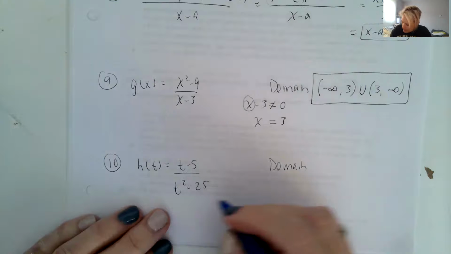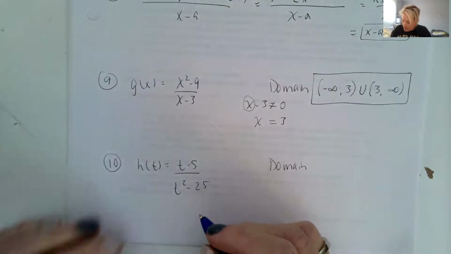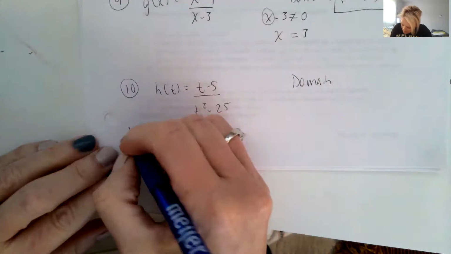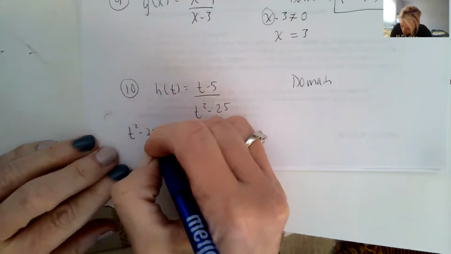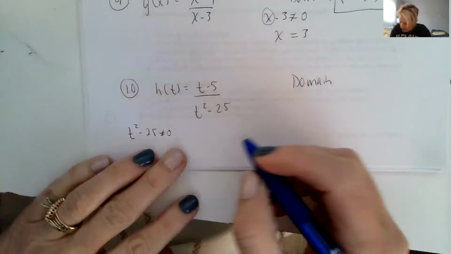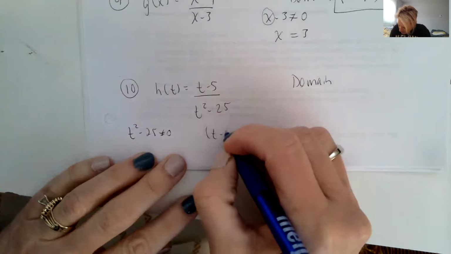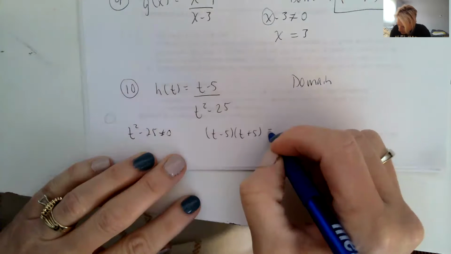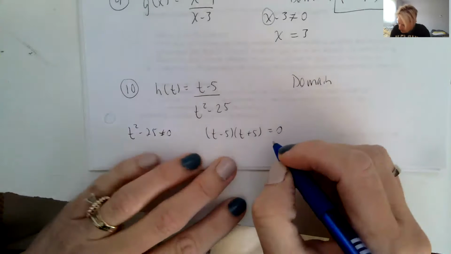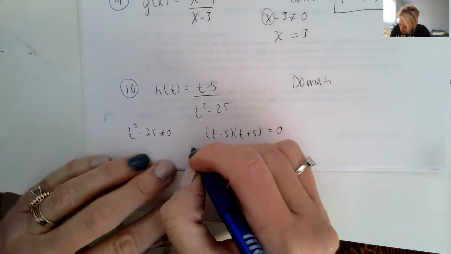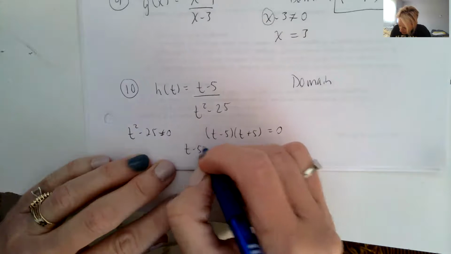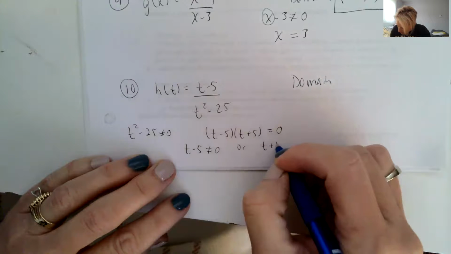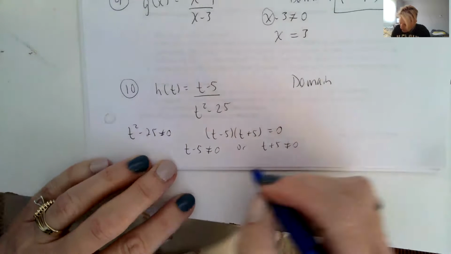And then number 10, likewise, we can't have that t squared minus 25 equals 0 either. So if we factor that into t minus 5, t plus 5, and set that equal to 0, then we can use our zero product property, which says t minus 5 cannot equal 0, or t plus 5 cannot equal 0.